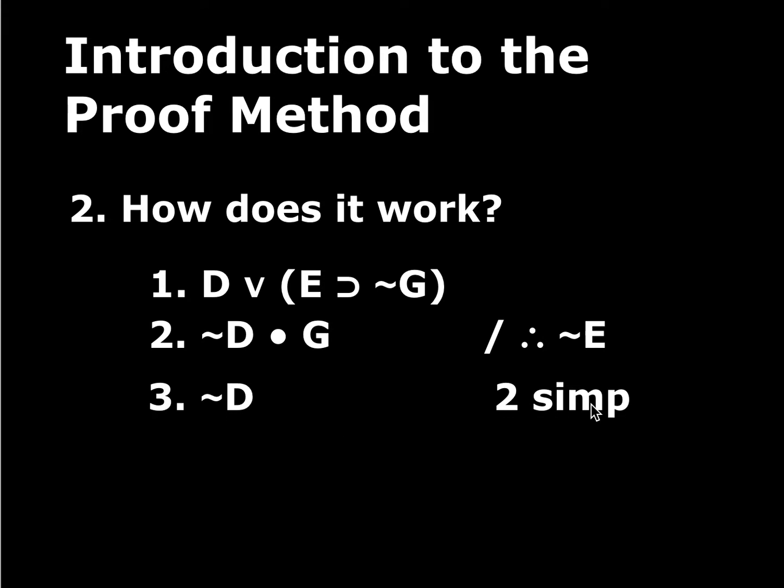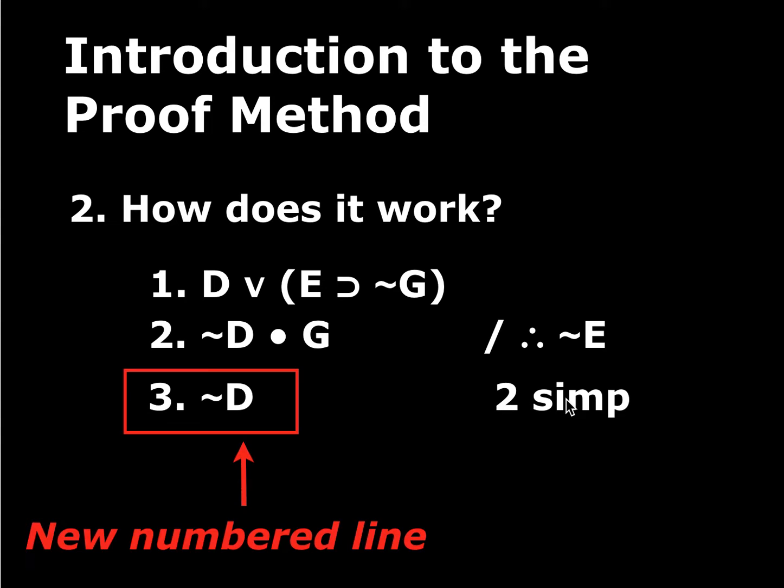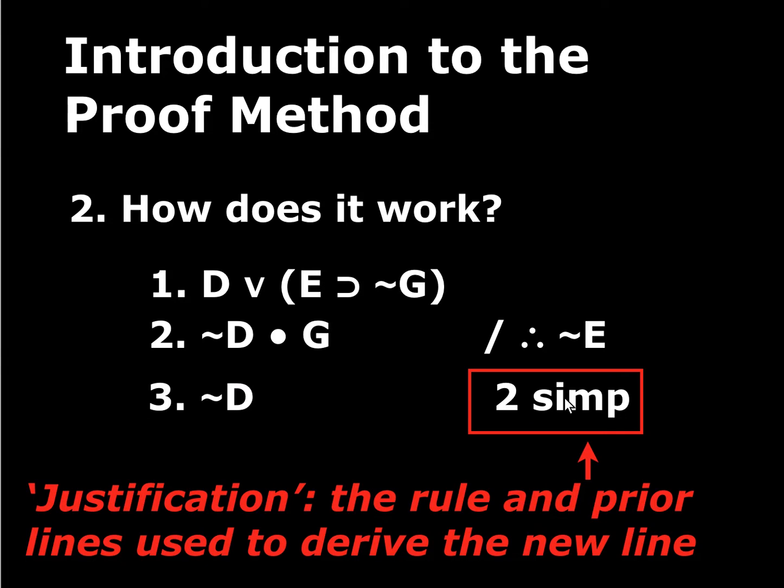The rule of simplification will let me write not D if I have a conjunction and one of the conjuncts is not D. So this is a new line, and this is my justification: the rule that I used and the prior line or lines that I used that rule on to derive my new line.